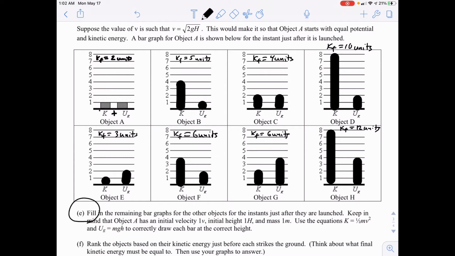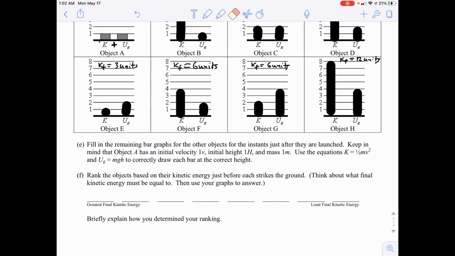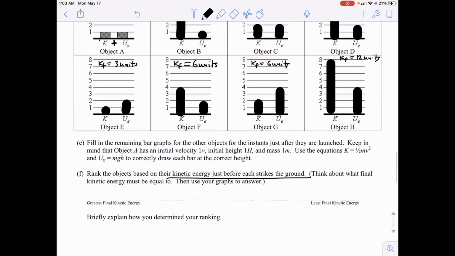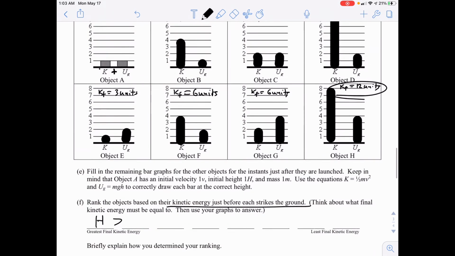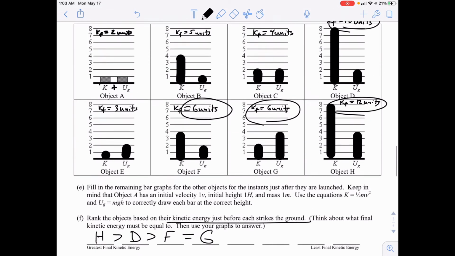Okay, so we just did part E. We filled out the remaining bar graphs. Now what we're going to do is rank them based on their kinetic energy right before striking the ground, which is why I found the kinetic energies afterwards. So we can clearly see that H has the greatest kinetic energy at 12 units, followed closely by D, followed closely by F, but F and G are the same. They're both 6 units.